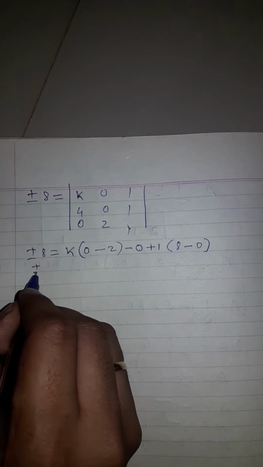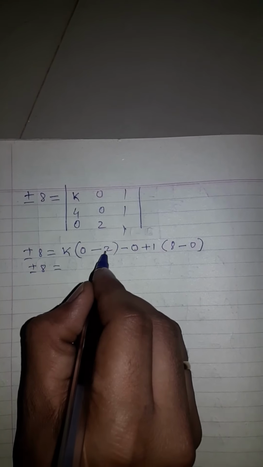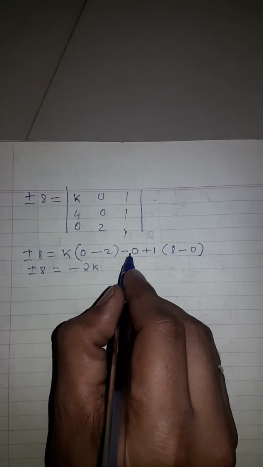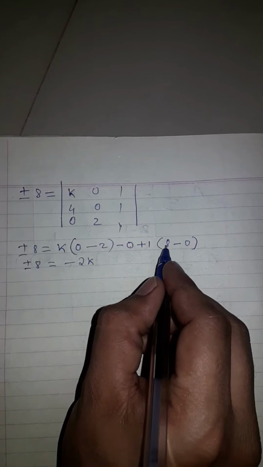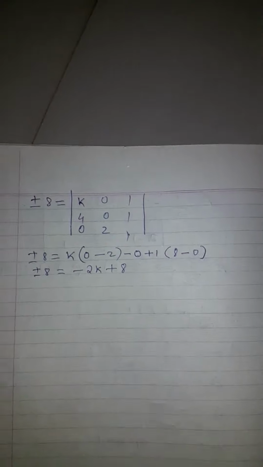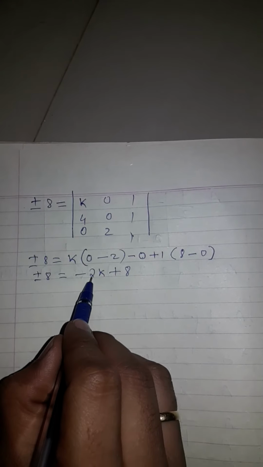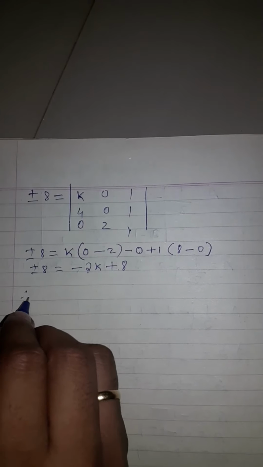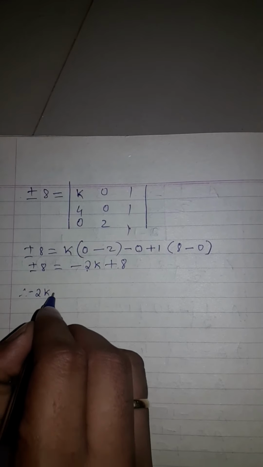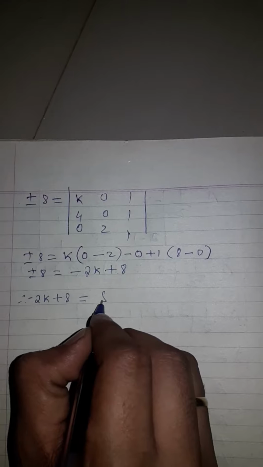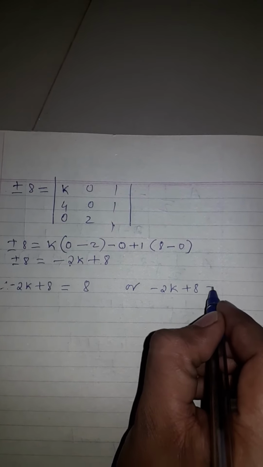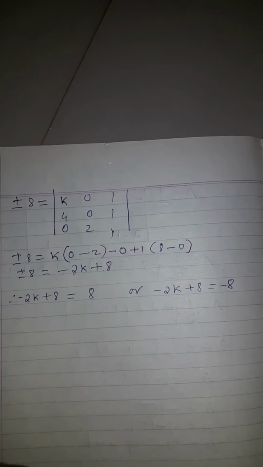Now this is plus or minus 8 is equal to 0 minus 2 is minus 2, minus 2 into k, minus 2k. This is 0, leave it. 8 minus 0 is 8, 8 ones are 8, it is plus 8. Now this minus 2k plus 8, you have to equate to plus 8 and minus 8. So minus 2k plus 8 is equal to plus 8, or minus 2k plus 8 is equal to minus 8.